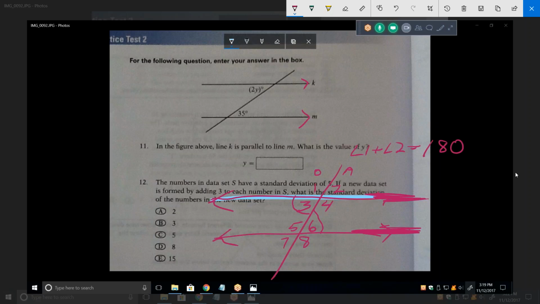So would it be 35 divided by 2? Yeah. In other words, we know that 2y equals 35. They're both acute. So they're the ones that are going to be equal to one another. So y is 17.5.